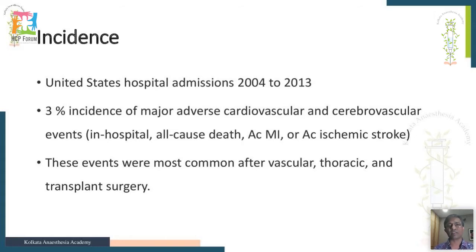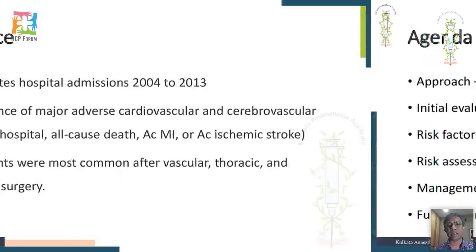It is happening at a rate of around 3%, which is not insignificant. These events happened more commonly in patients undergoing vascular surgery, thoracic surgery, and transplant surgery. That is why we need to be aware and careful about this.